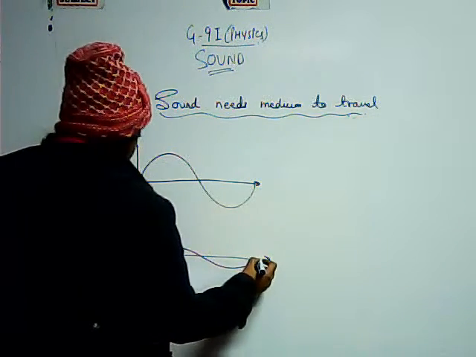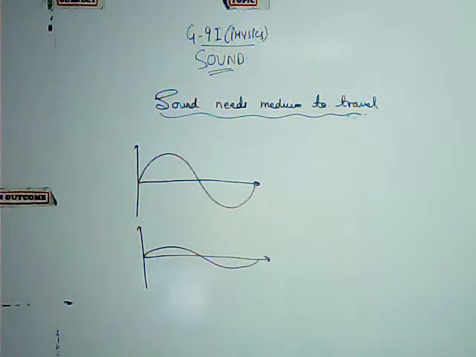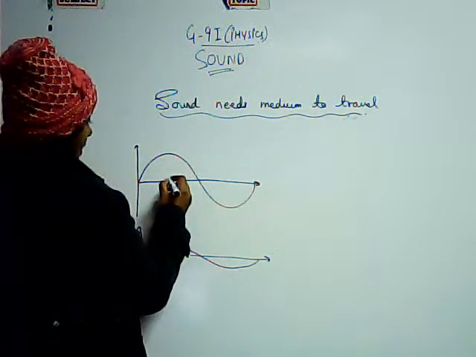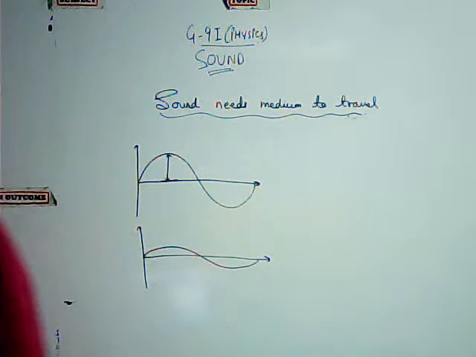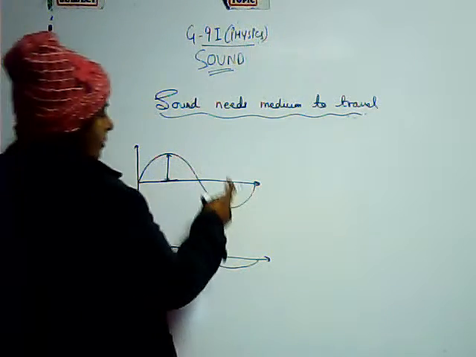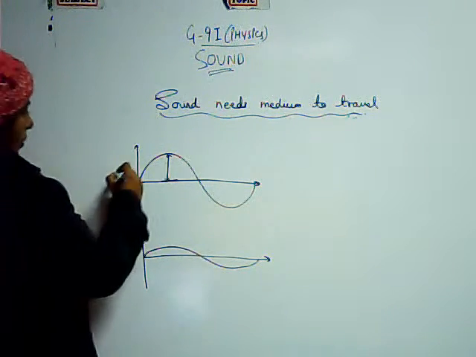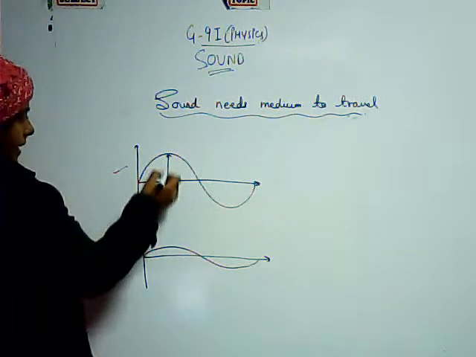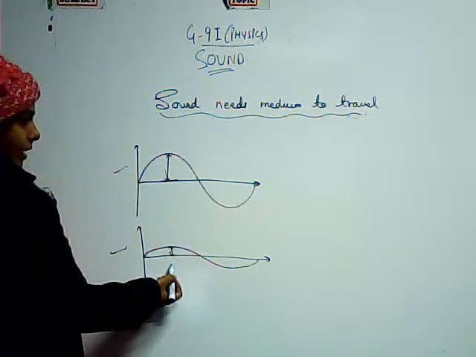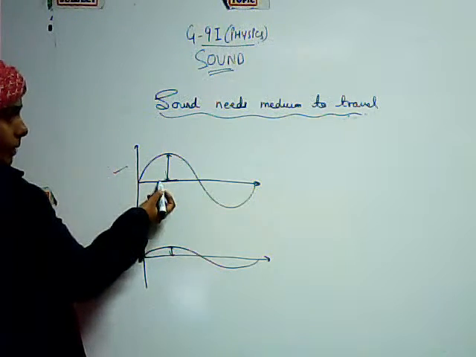Second, it goes like this. Now, if you see both the two graphs, amplitude होता है from the mean till the max. This height of the crust or the depth of the crust. So, if you look onto these two figures, इसमें height ज़्यादा है, इसमें height कम है. Means this is having less amplitude, this is having more amplitude.